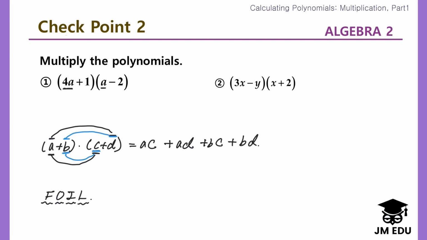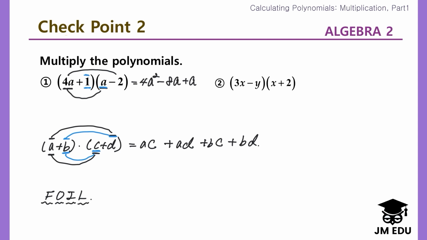Okay? So let's try number 1. FOIL, first, right? 4a times a, that's going to be 4a squared, right? Outer, 4a times negative 2, that's negative 8a. Inner, I'm sorry, 1 times a. 1 times a is just a.